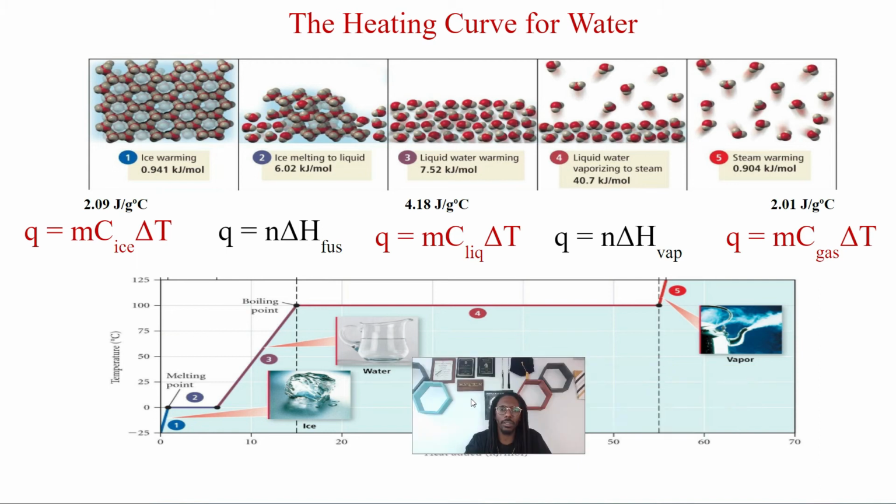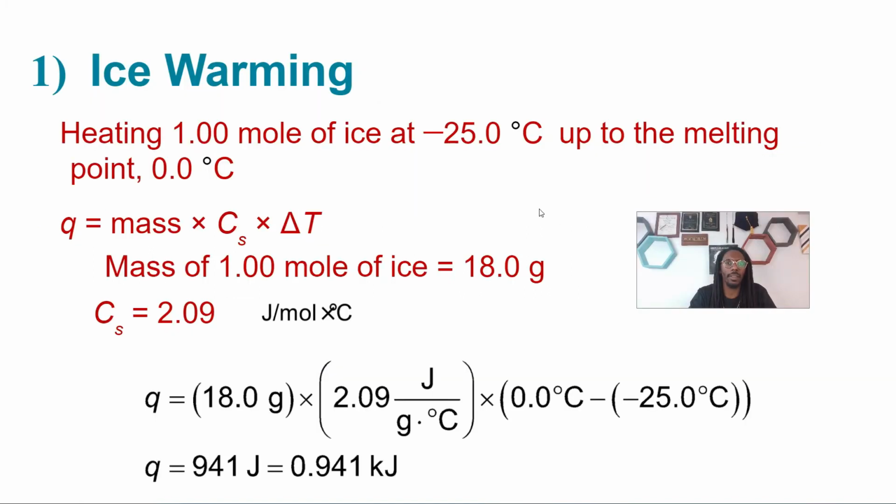Now with this, we have these different equations. Like I said, think about specific heat. We're going to talk about each one of these equations right now. So let's talk about step 1 with the ice warming. We were heating up 1 mole of ice at negative 25 degrees Celsius up to the melting point, 0 degrees Celsius.